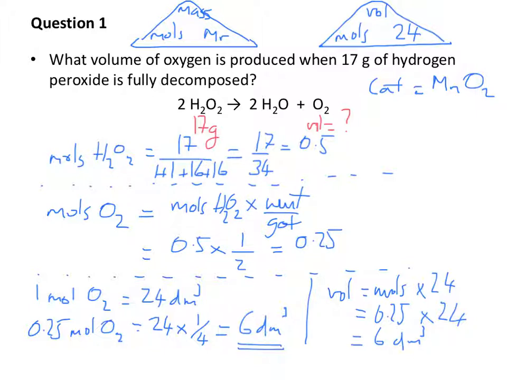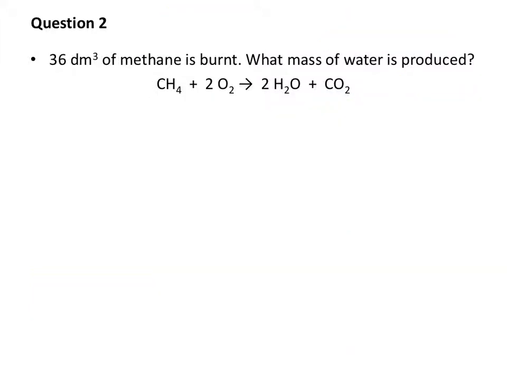So, final question, we're going to this time start with a volume and turn it back into mass. So 36 decimeters cubed of methane. I do have trouble with my sixes, don't I? 36 decimeters cubed, and we're producing what mass of water?